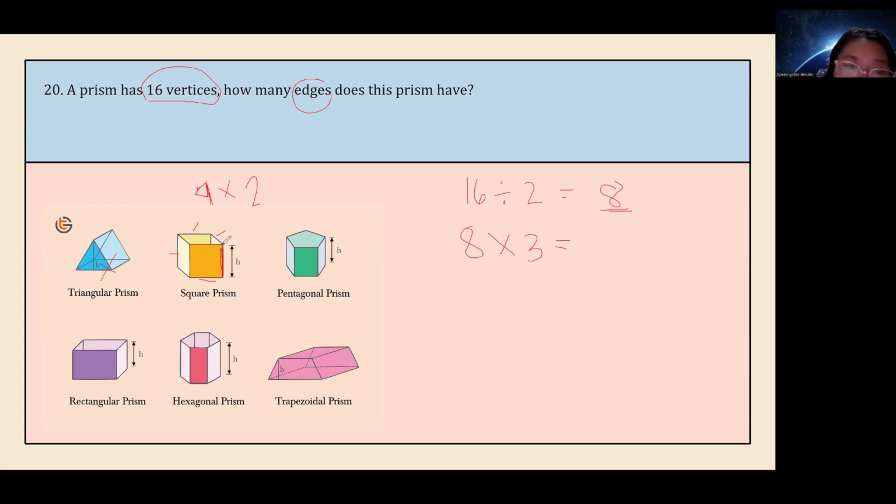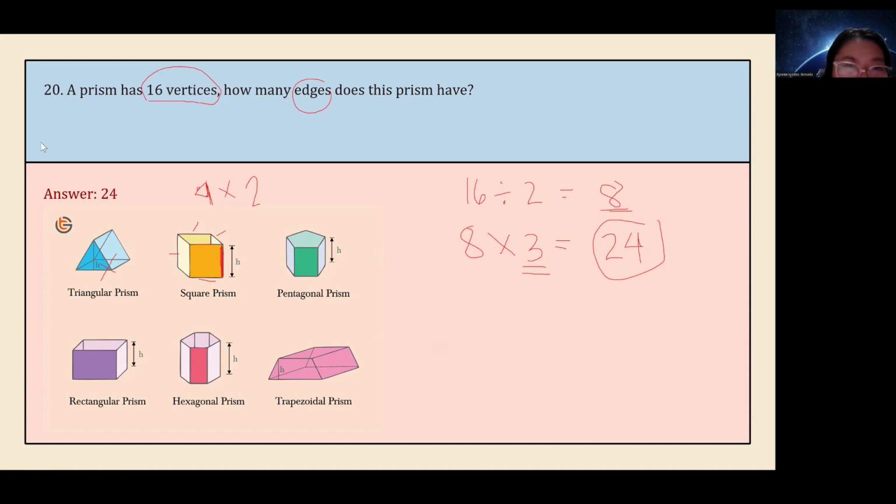Because one edge will be shared by 2, we cannot have 4 edges. We just have to subtract 1 because one side would be shared by 2 faces. That's why we can multiply by 3. So 8 times 3 is 24, and so the correct answer here is 24.